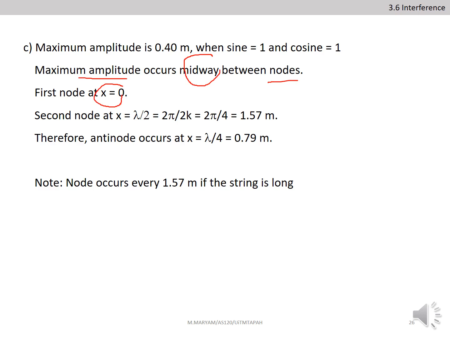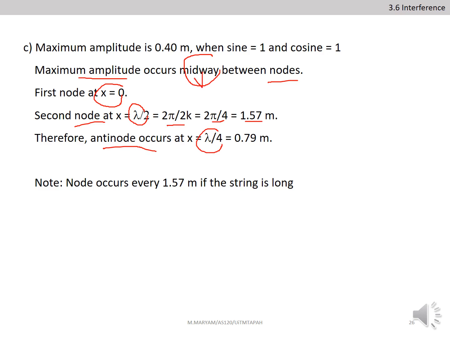Alright. The first node must start at 0, because the node is at 0, which is at equilibrium. The second node is at x equal to lambda over 2. Lambda over 2 means the distance between adjacent nodes. So that's why we got lambda as 2 pi divided by k, 2 pi divided by 2.0. So then the node is at x equal to lambda, equal to 1.57 meter.